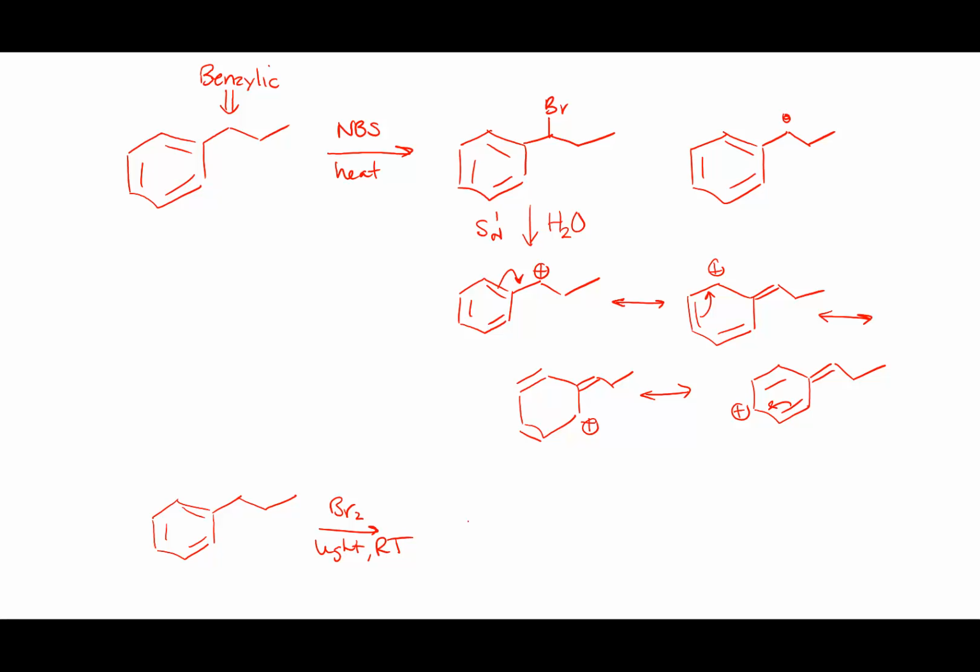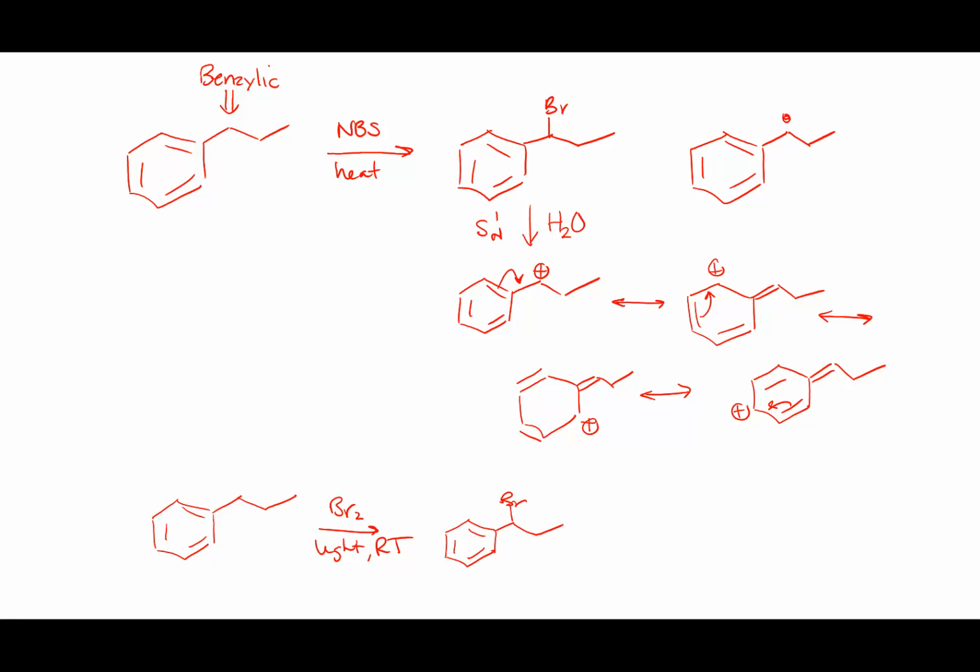I would be perfectly fine doing that because I would end up brominating in the benzylic position, and I would not have to worry about adding the bromine to any of the double bonds in the ring. So when you're trying to brominate a benzylic position, just to confuse the issue, I don't have to use just NBS, I could use bromine again.